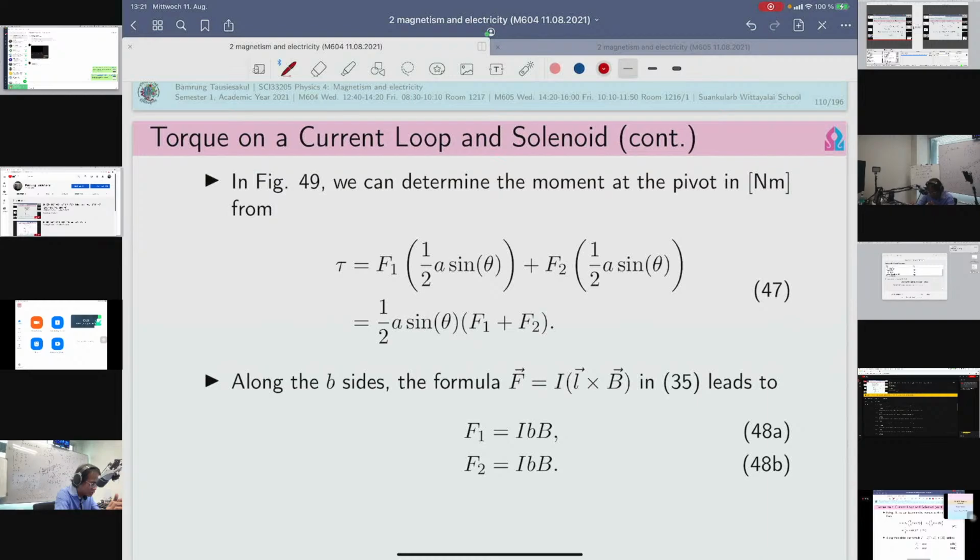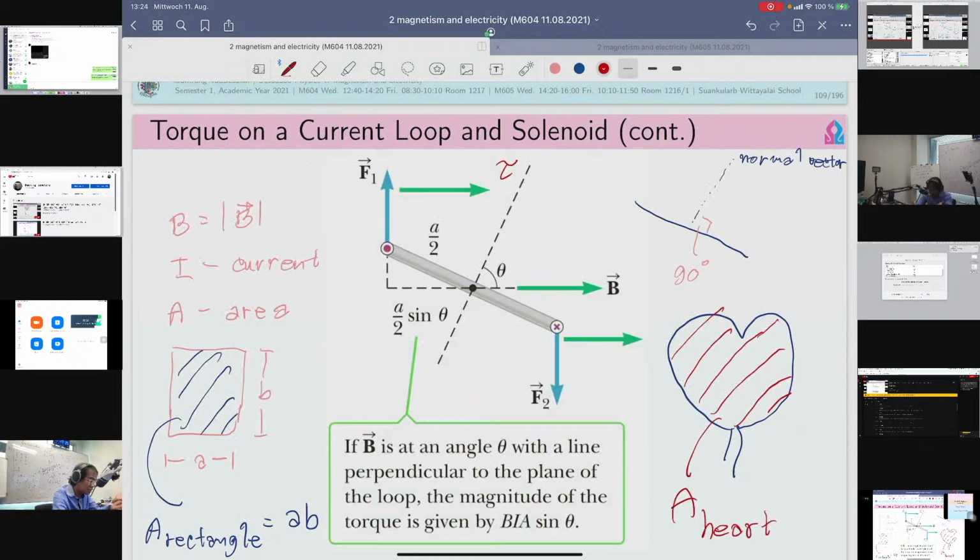This is the lifting force and here is the pushing force, pushing downwards. Again we have to consider the torque at this moment, when the angle is theta.